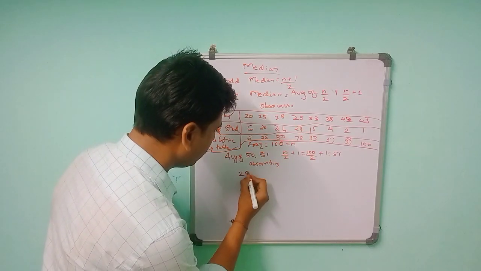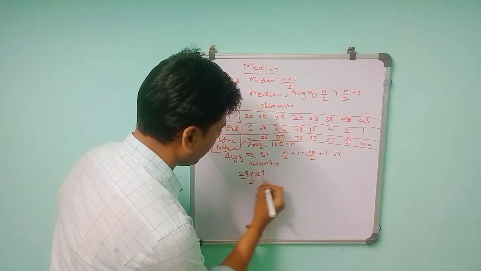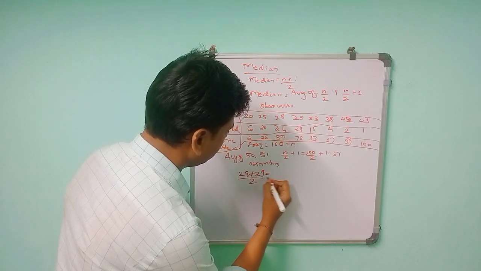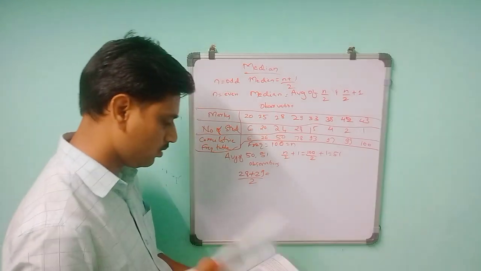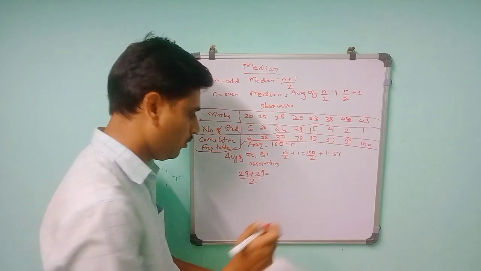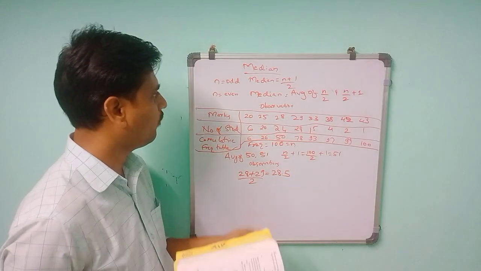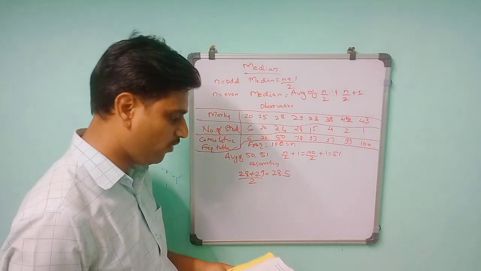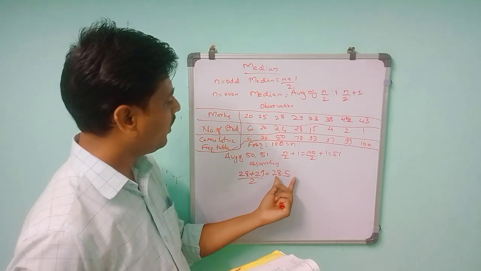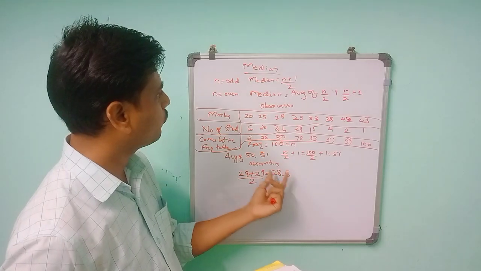So 28 plus 29 divided by 2 gives 28.5. So the median of the total marks is 28.5. This indicates that students got 28.5 marks as the median.